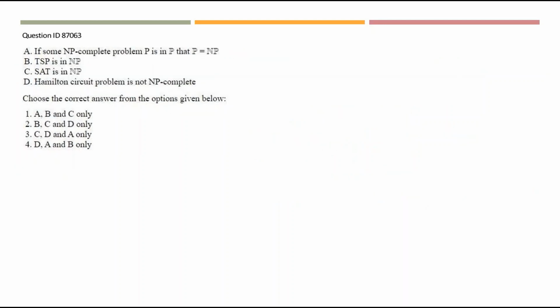Next question. They have given 4 statements and they are asking which are right from the options. If some NP complete problem P is in P, then P is equal to NP. The depiction will be, this is NP and this is P. This part will be NP hard and this part will be NP complete. This is in the case where P is not equal to NP.